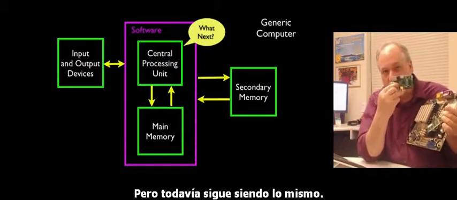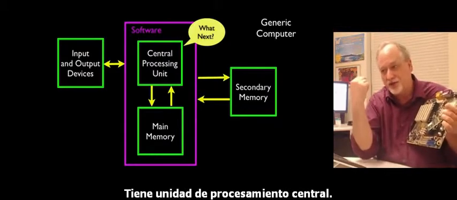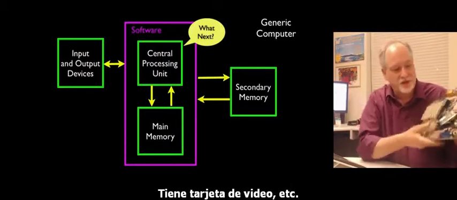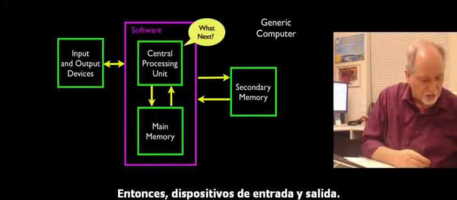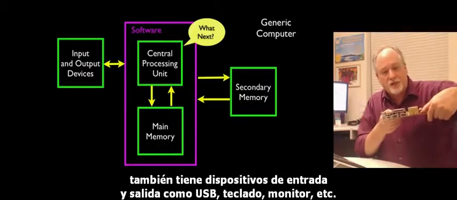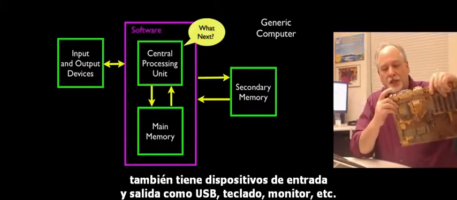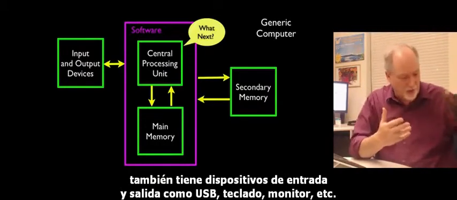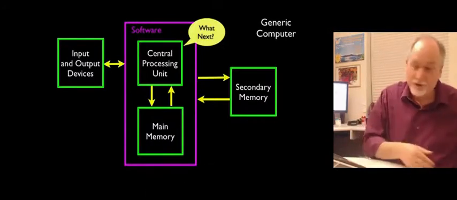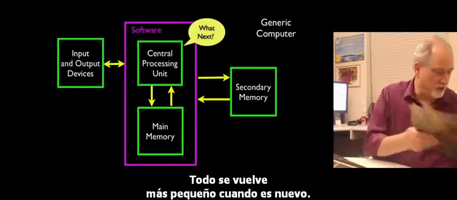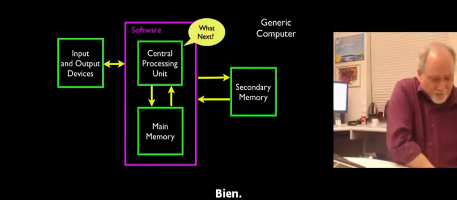But it's still architecturally the same thing. There's a central processing unit, there's main memory, there's graphics cards, etc. So input-output devices. Oh, and this guy has input-output devices too, like USB and keyboard and monitor, etc. So they're very similar. It's just this is new and this is old. Everything gets smaller when it gets newer. Okay.